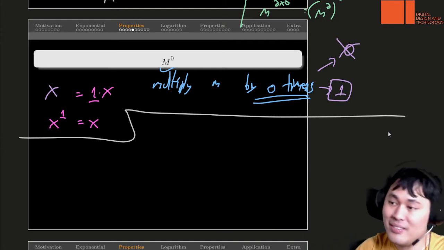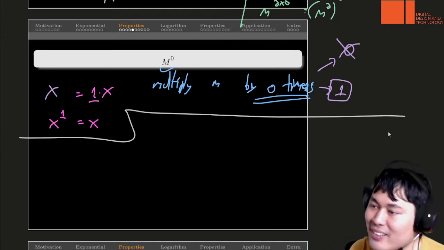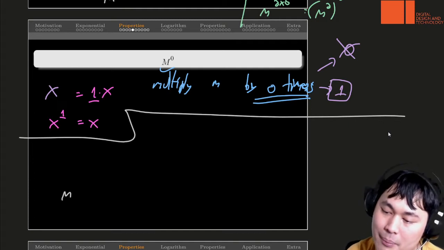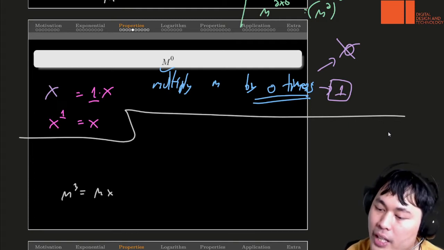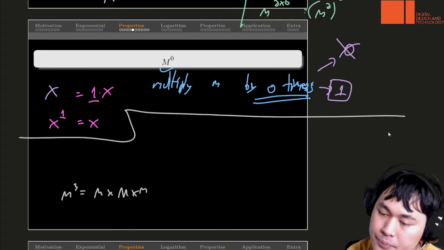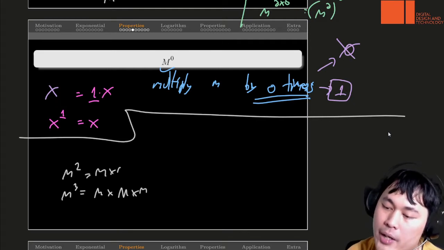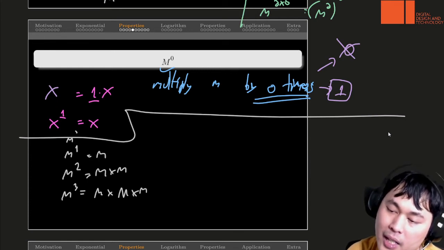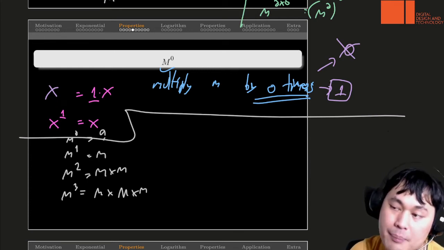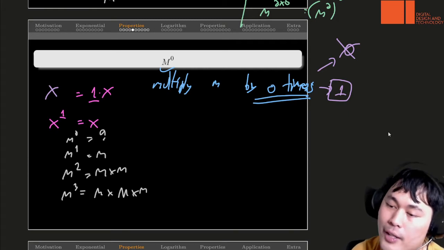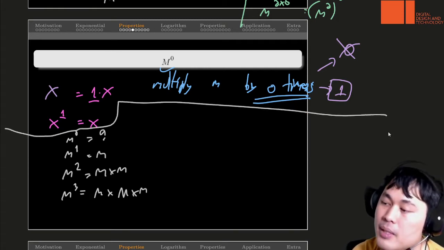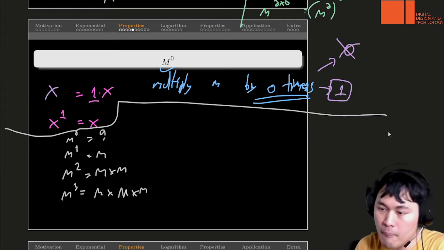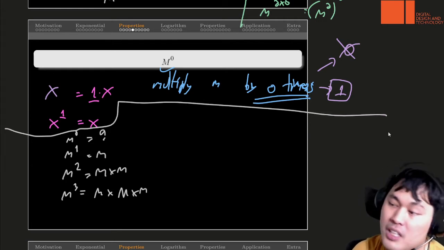But another way, which gives you a concrete value, is to notice a pattern. If you have m to the power of 3, you have m times m times m. If you have m squared, you get m times m. If you have m to the power of 1, you get m. Then you can ask what happened at the step earlier. If I go back and try to compute m to the 0, what would it be? You have to see the pattern.